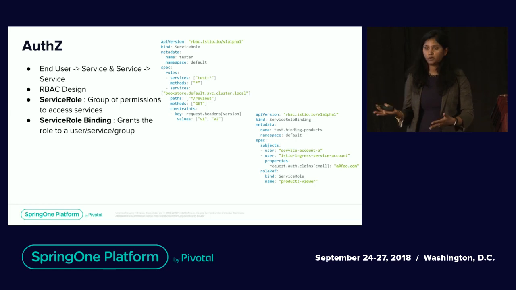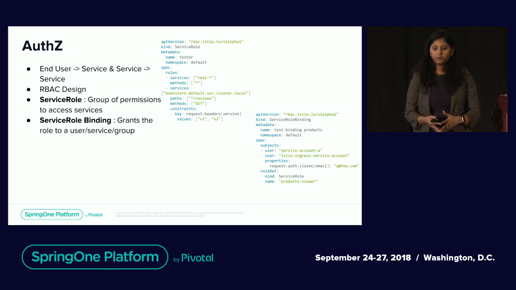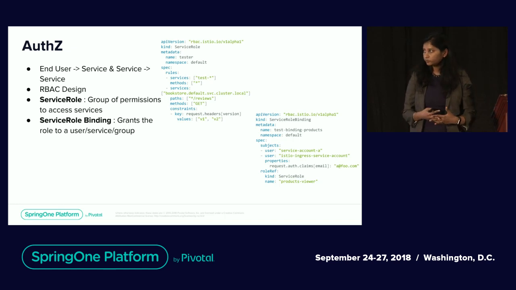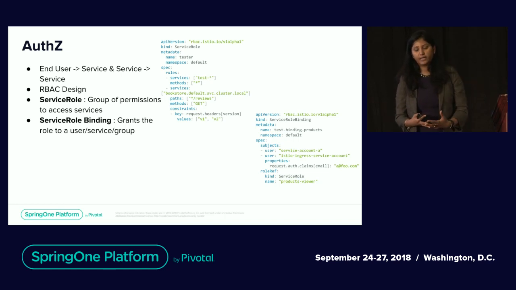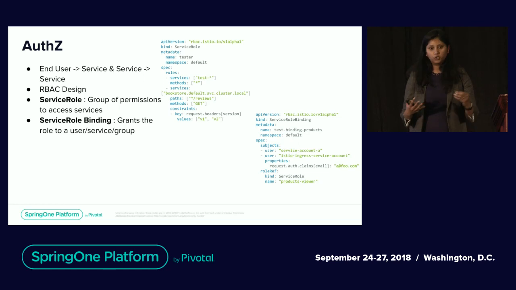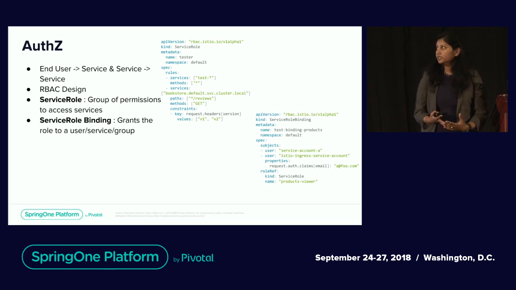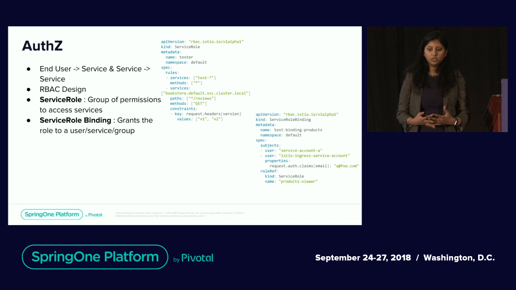So Istio adopted the RBAC design. That's what Kubernetes has also adopted for its platform security. In an RBAC design, the way things work is you first define roles in terms of what it is that you're trying to protect, what kind of access you are trying to protect. These roles are like groups of actions that can be performed on various services.